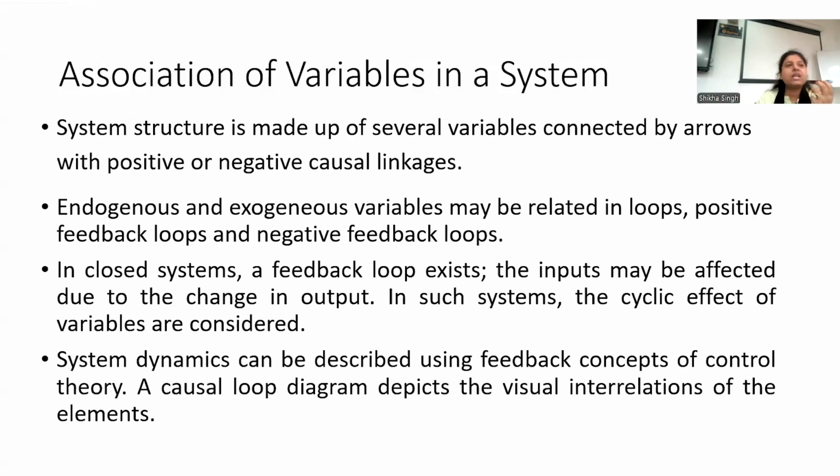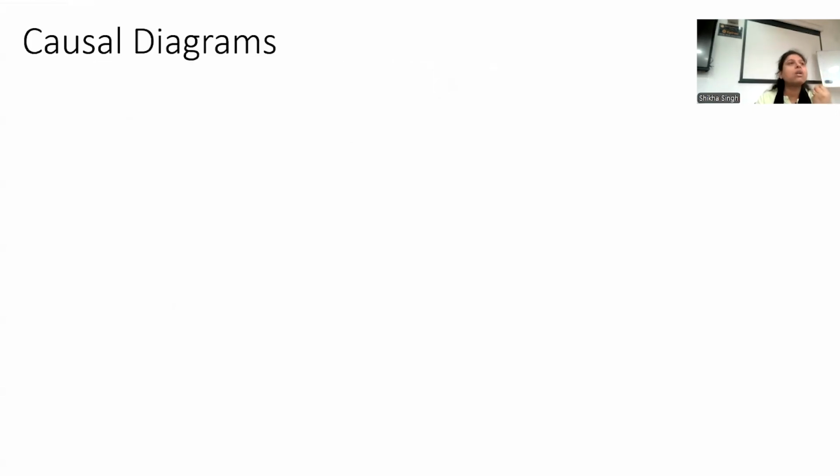So far we have seen what the variables are, how they are linked, right? Now we will be seeing what causal diagrams are. Causal diagram is something which is very common in different other studies as well, right?